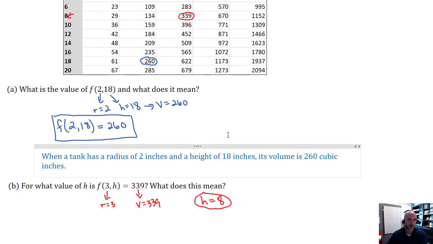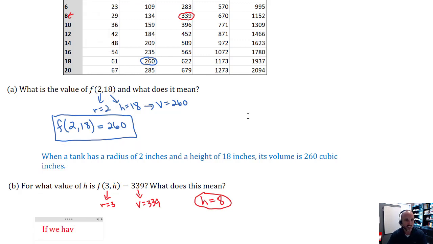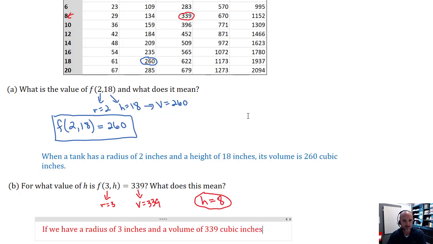It means if we have a radius of 3 inches and a volume of 339 cubic inches, the height of the tank must be 8 inches.